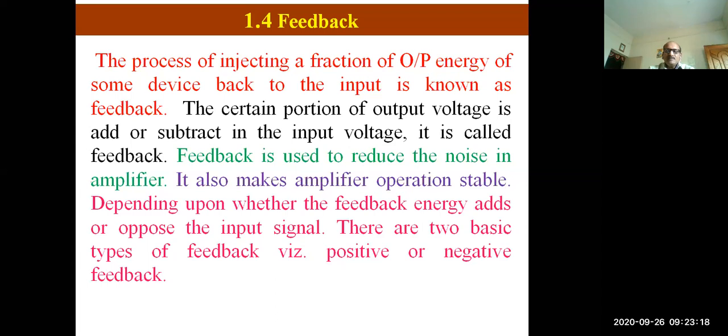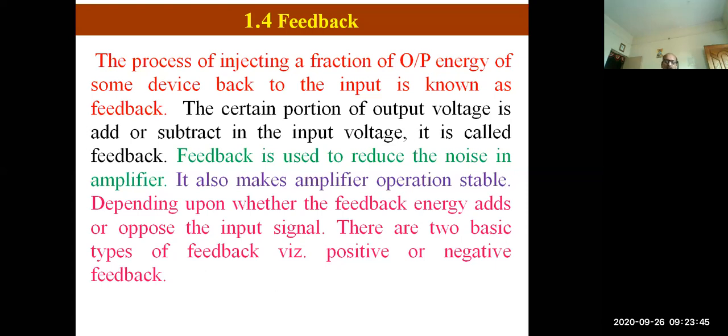Depending on whether the feedback energy is added in the input signal, or whether the feedback energy is opposite or subtracted in the input signal. If output voltage दिलेला आहे ते इनपुट मध्ये ऍड झालं तर पॉझिटिव्ह फीडबॅक, इनपुट मधलं जर सबट्रॅक्ट झालं तर निगेटिव्ह फीडबॅक.